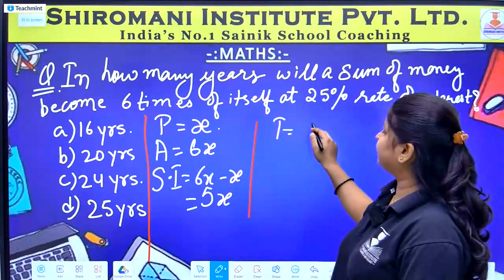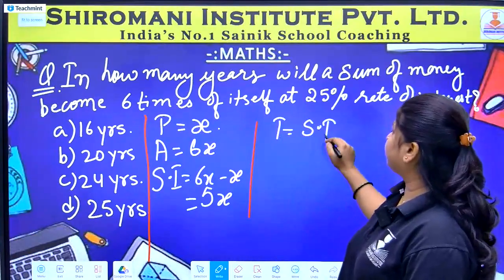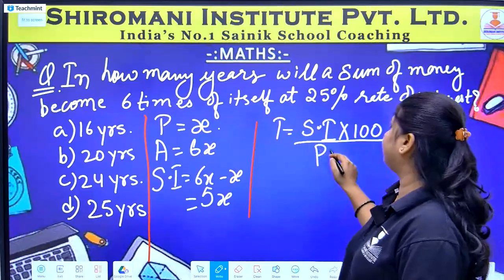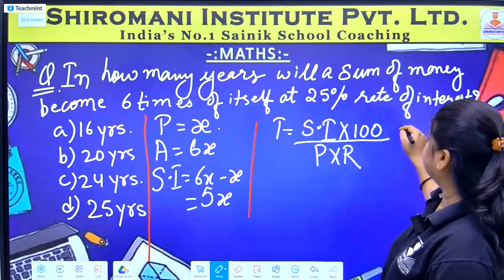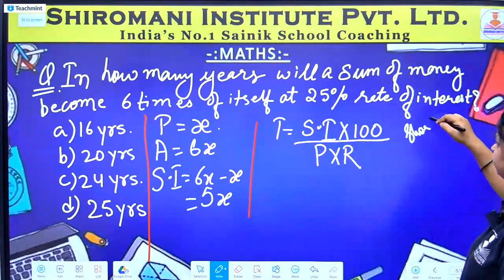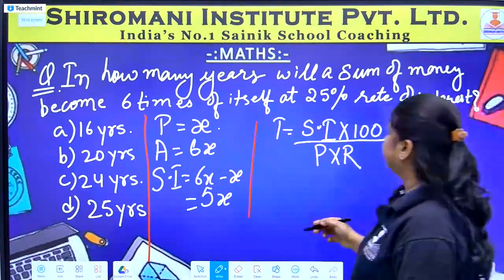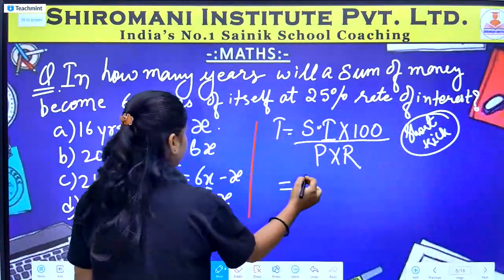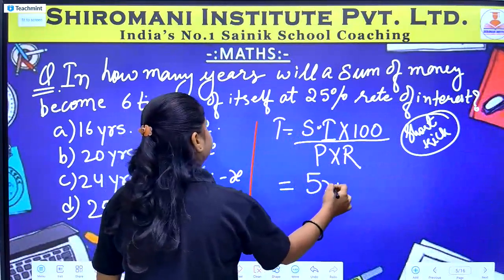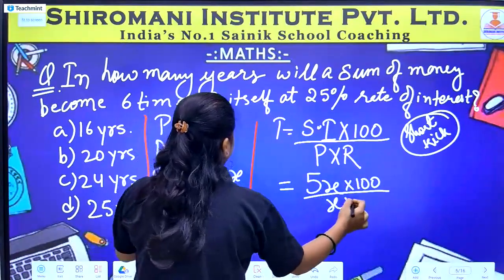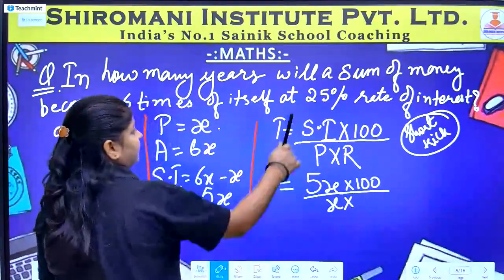You have to find the time. The short trick formula for time is SI into 100 upon P into R. Right? This one is the short trick. Now SI is how much? It is 5X into 100 upon X into R. R is 25.